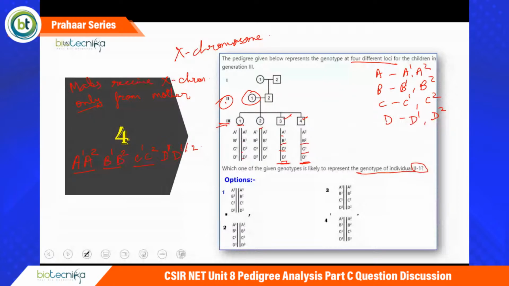Now when you check the options, you see that option 1 has A2 homozygous, not our finding, so option 1 is not possible. Option 2 is saying A1 homozygous, again not our finding, not possible.